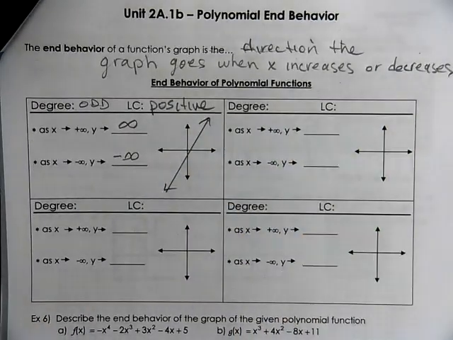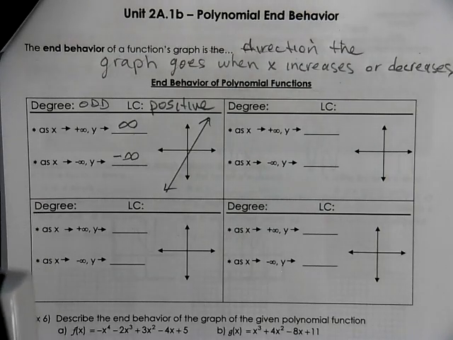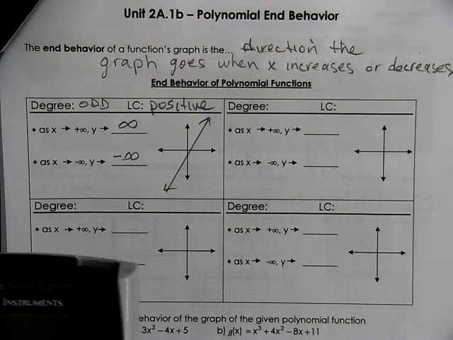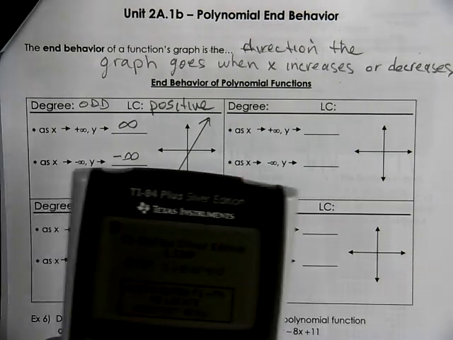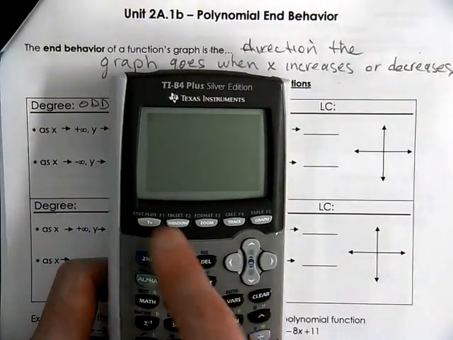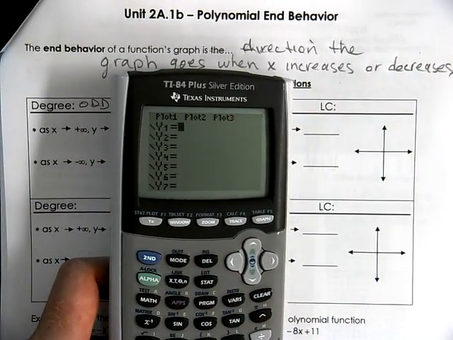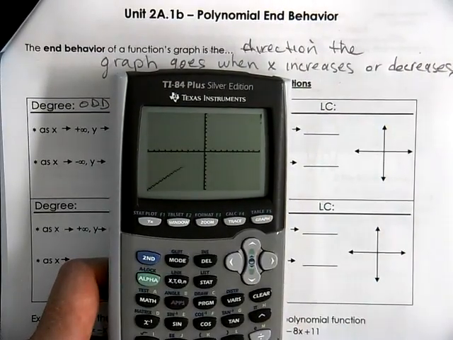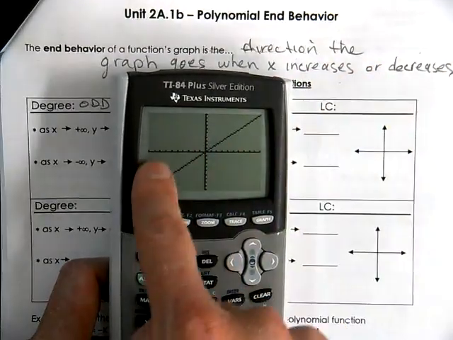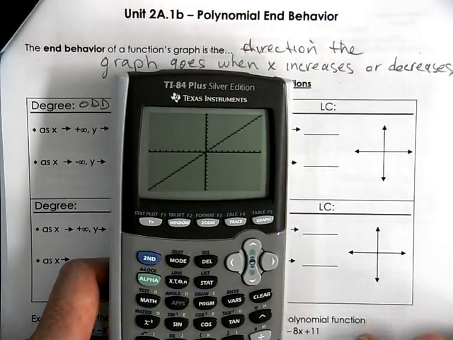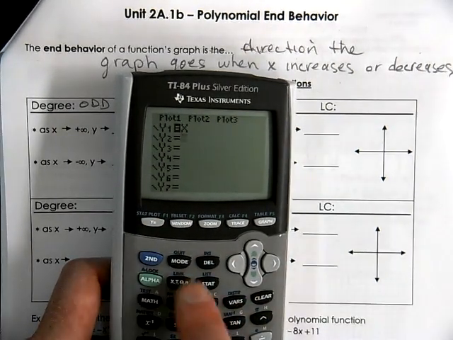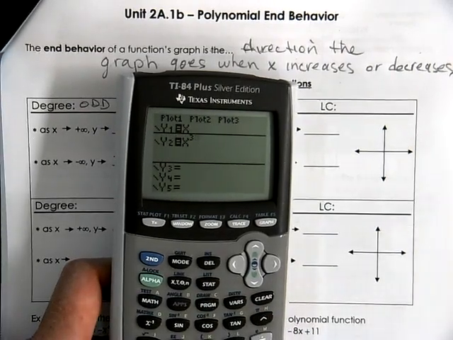We can look at that on a graph. We can look at y equals x, and we can graph that. And we see it increases to the right, it decreases to the left. We can try a more creative odd degree, which could be a cubic.